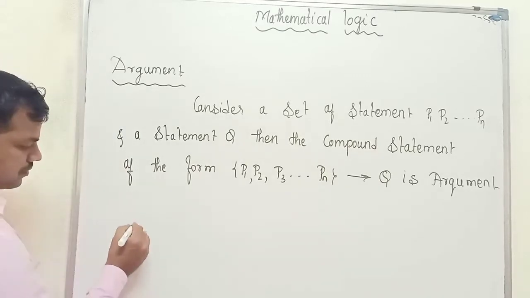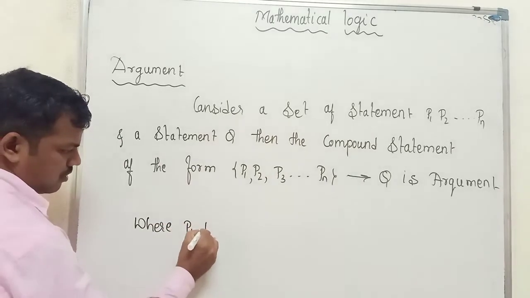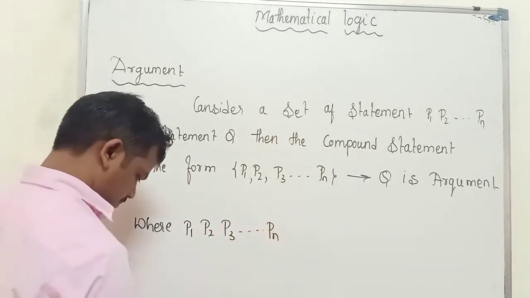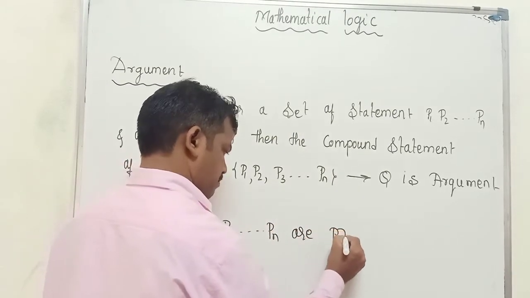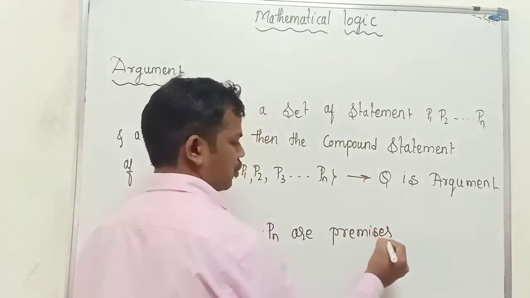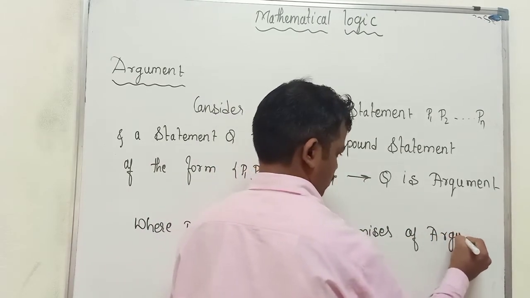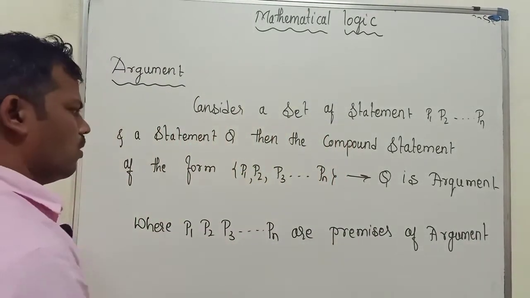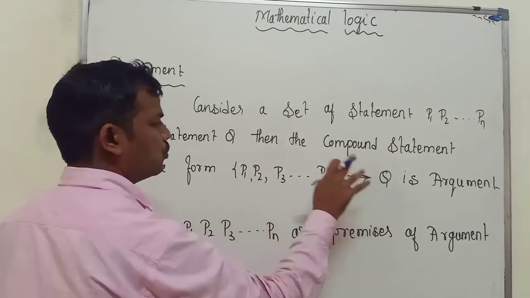So P1, P2, P3, and so on Pn are premises of the argument. On these premises the Q is dependent.